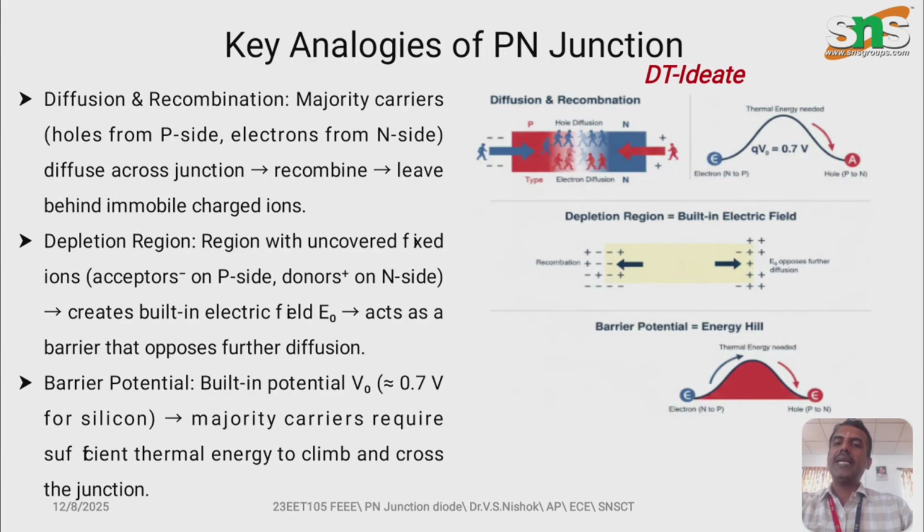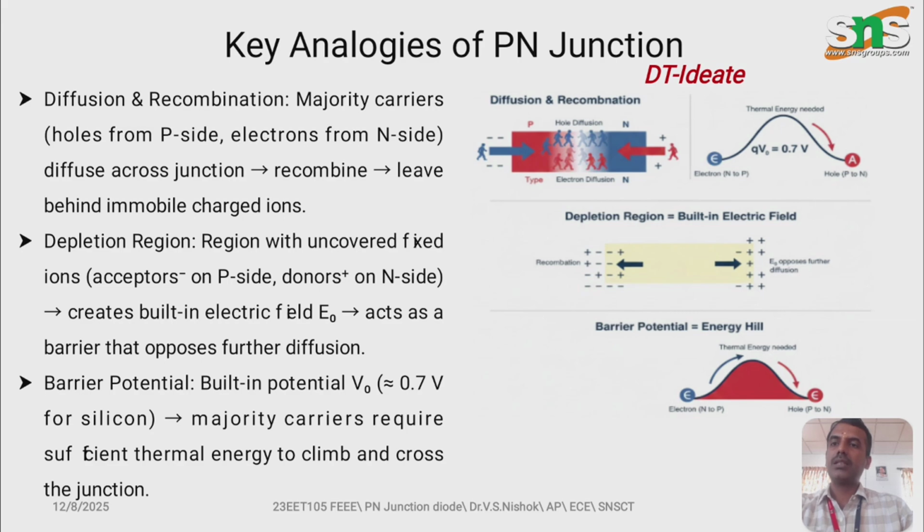So coming to the key analogies of PN junction diode, it starts with diffusion and recombination. From the P-type material, the holes, and from the N-type material, the electrons start to combine near the PN junction. Both will combine and leave the immovable ions near the PN junction, which creates the depletion region.